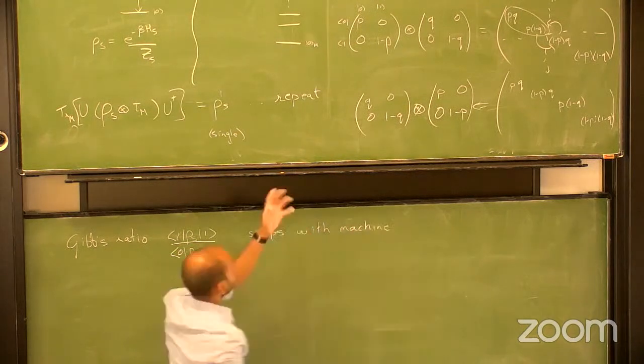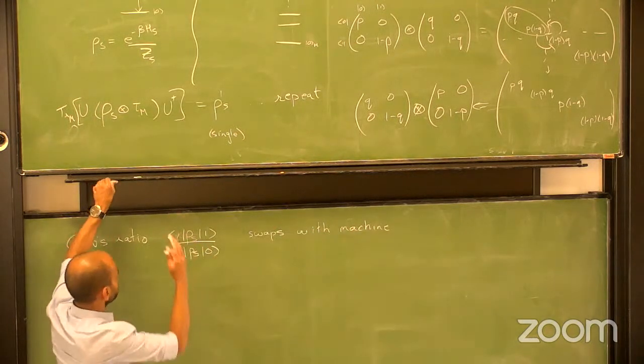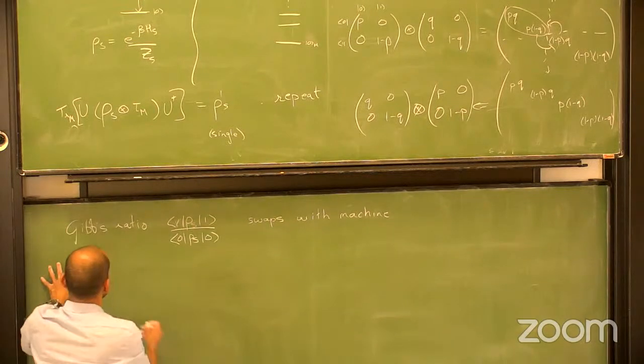Because the populations of the machine are now in the system. So whatever the ratio was for the machine in the beginning, that's on the system at the end.